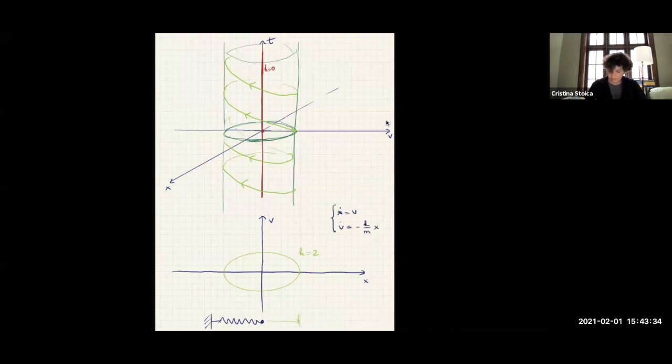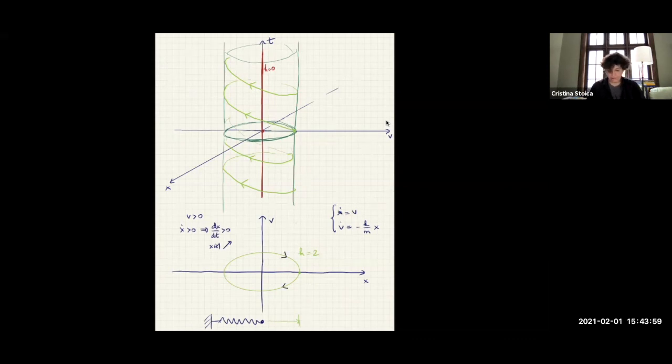So when V is positive, by the way, we have that x dot is positive. So dx dt is positive. So x of t is increasing, right? So when V is positive, x is increasing.